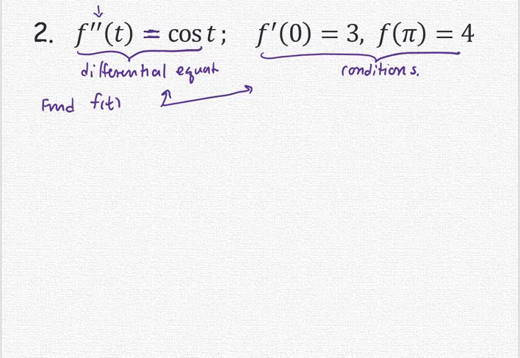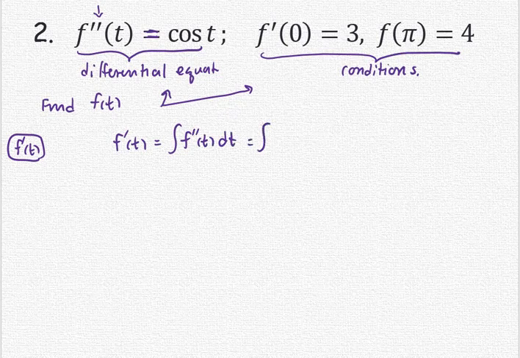To find f, we have to get rid of the two derivatives here, so we have to do the antiderivative twice. First, we're going to find f prime at t. The f prime at t is the antiderivative of the second derivative, which is the antiderivative of cosine t with respect to t.